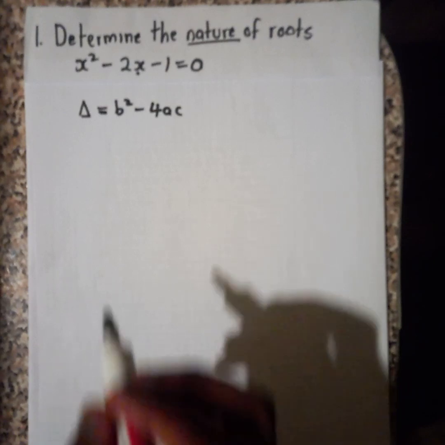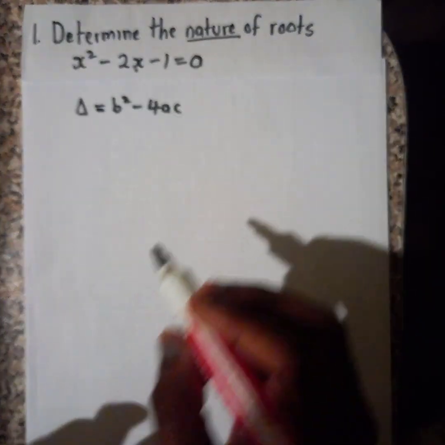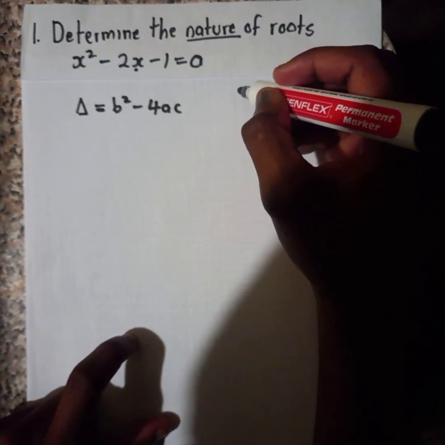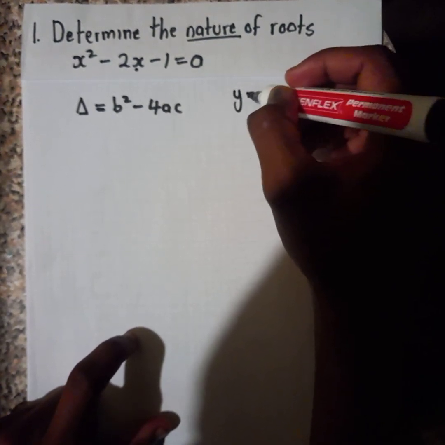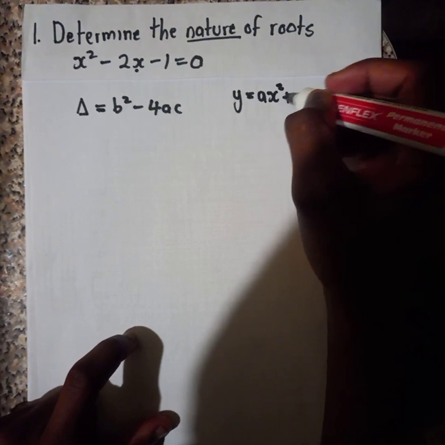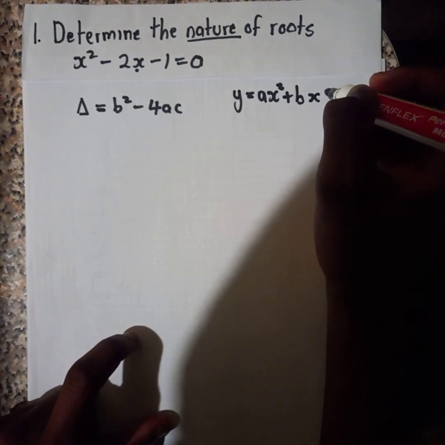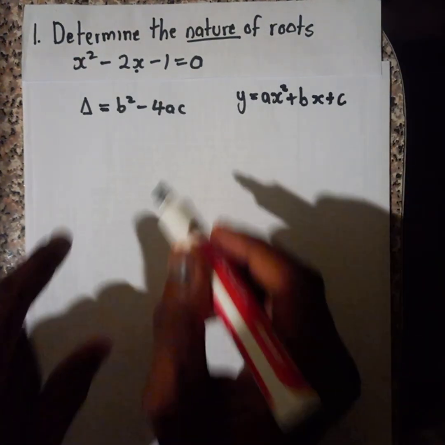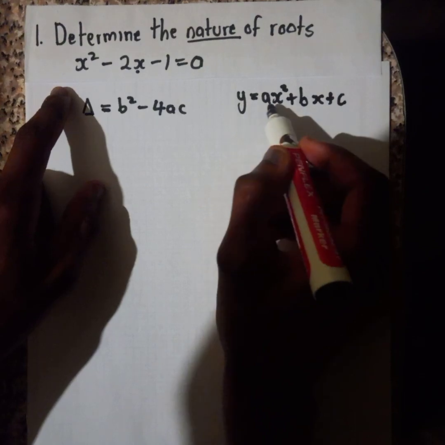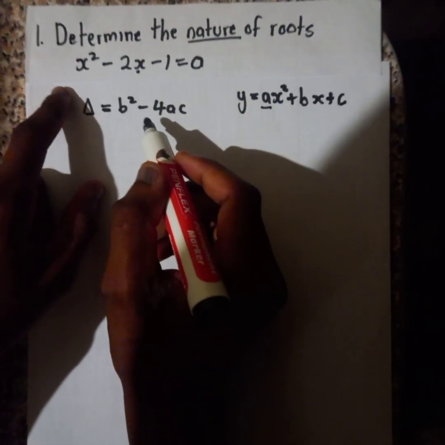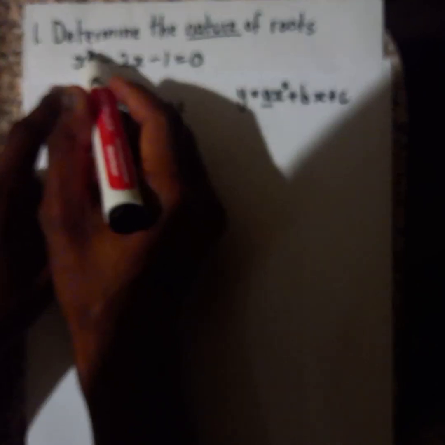Do you understand? Bear in mind that our general quadratic equation was as follows: y is equal to ax squared plus bx plus c. In this case, our a is going to be the number next to x squared.